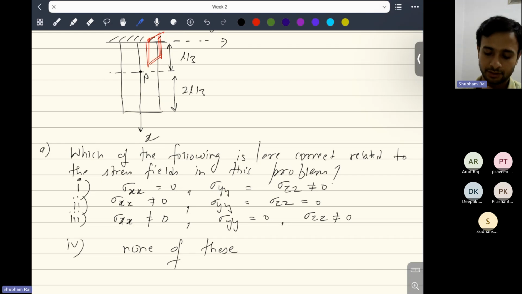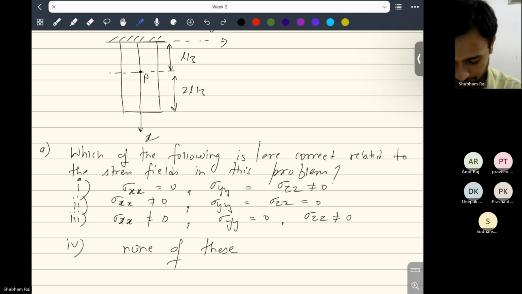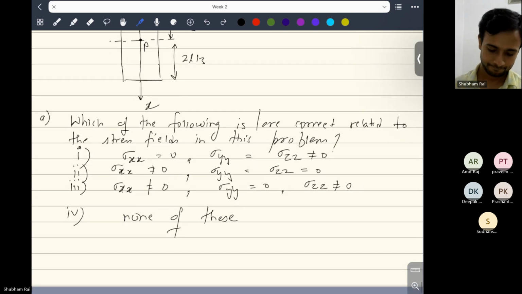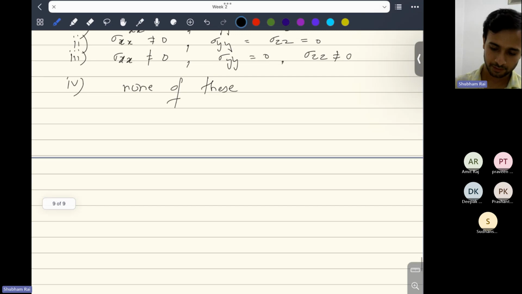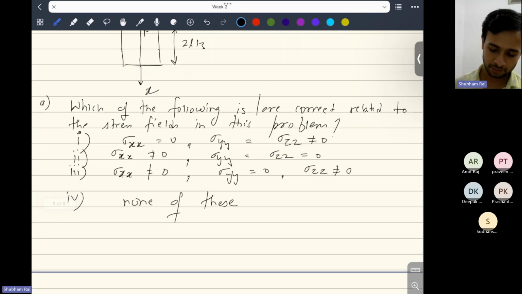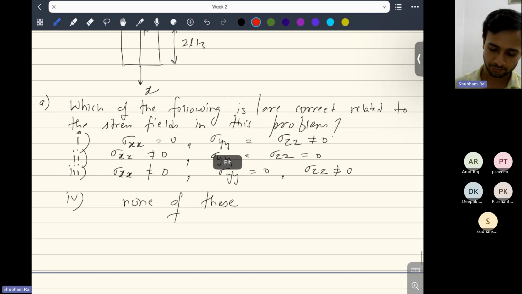The self weight is uniform. So that's why there will not be any shear. Okay, so we go to the next part. In this case, we say that there will be only sigma xx non-zero, other normal forces will be zero.